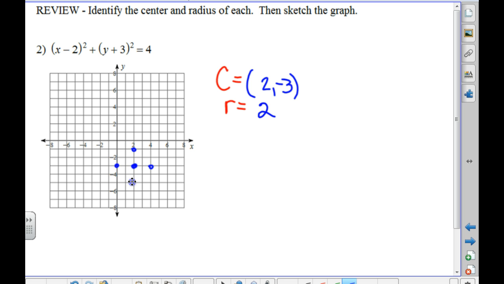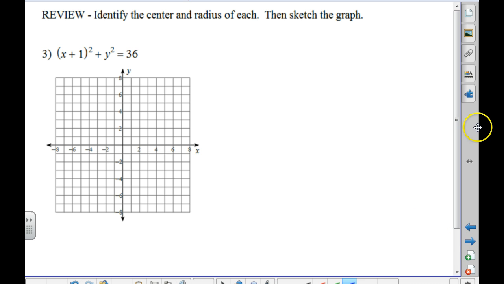So I usually just go 2 in each direction and then I attempt to draw a circle. Or I cheat and use the tool on the smartboard. That's so cute. You're such a great artist. I'll do the next one by hand so you can see how truly untalented I am, okay?